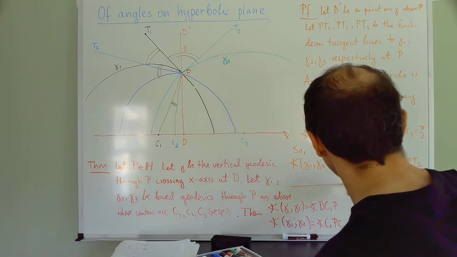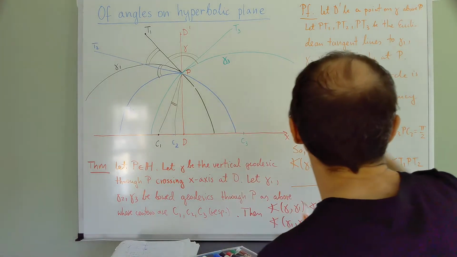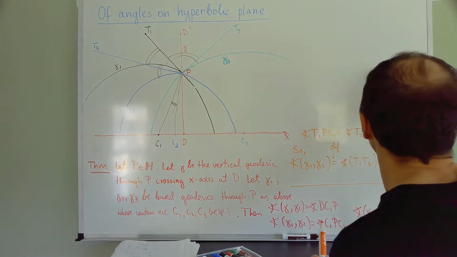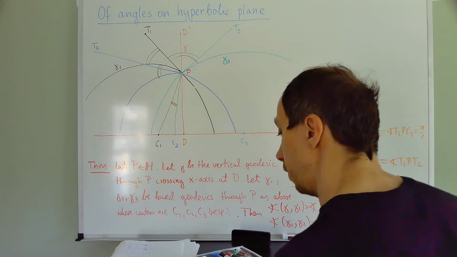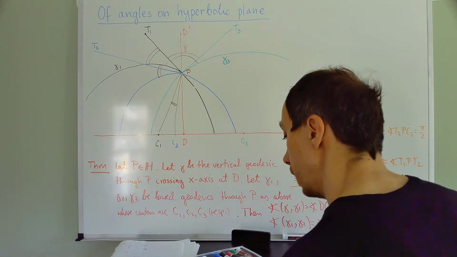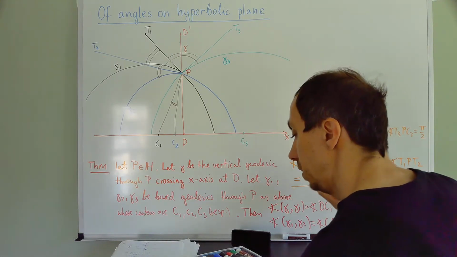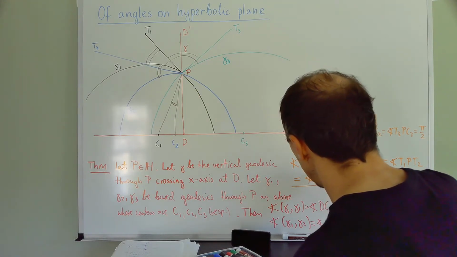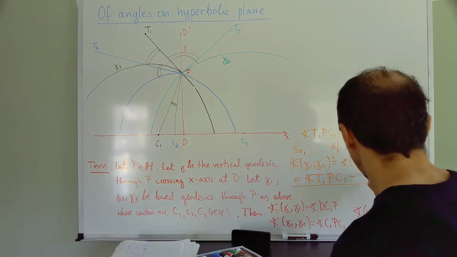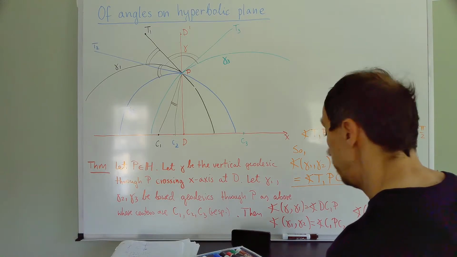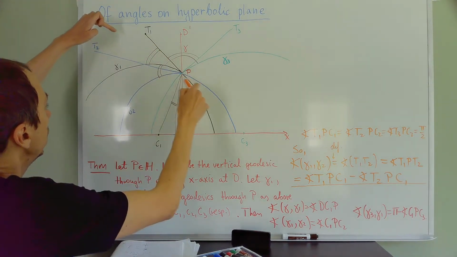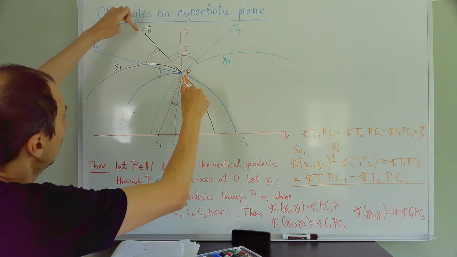Okay, so I'm just going to make the argument here in this corner to keep the picture up there, and the statements as well. So this is equal to T1 P T2, that's the same as T1 P C1 minus the angle T2 P C1.